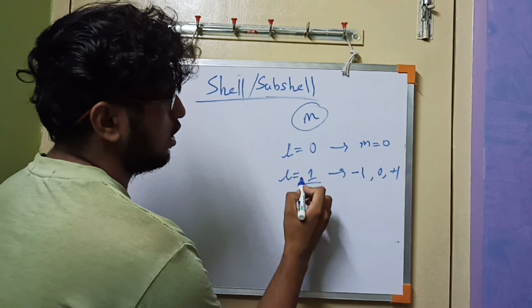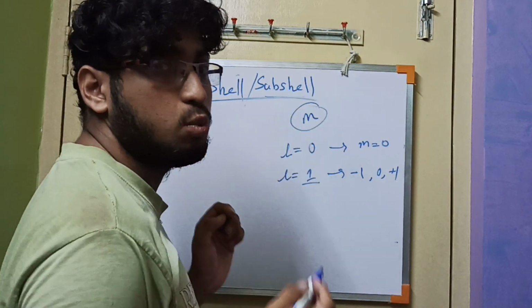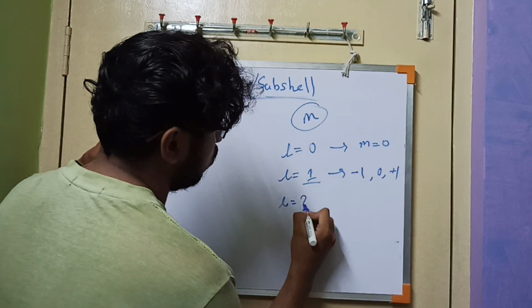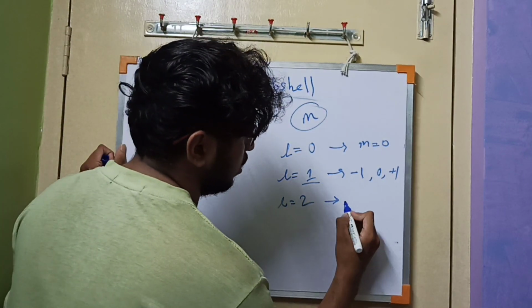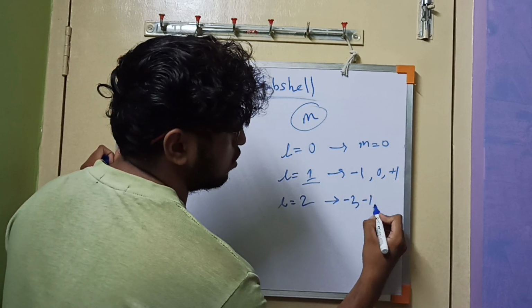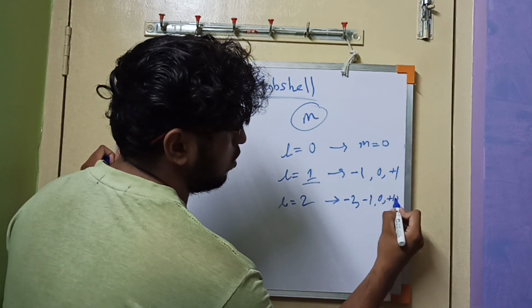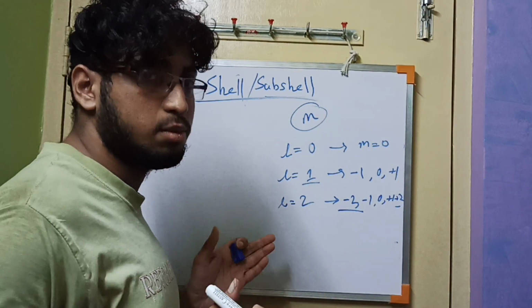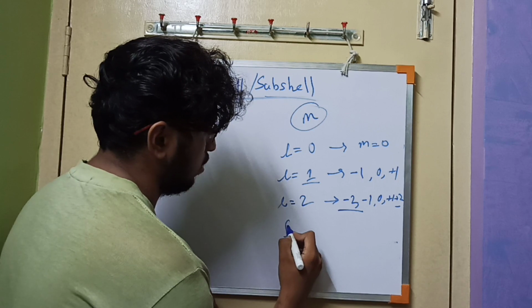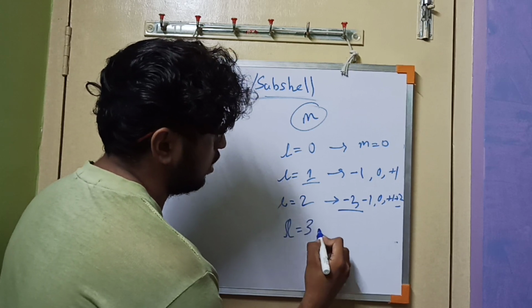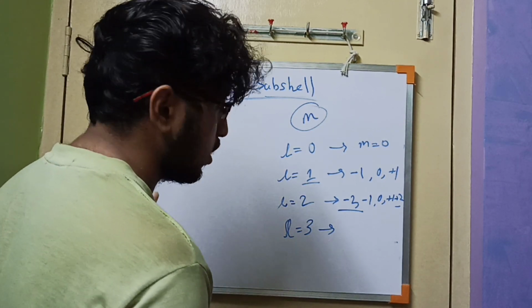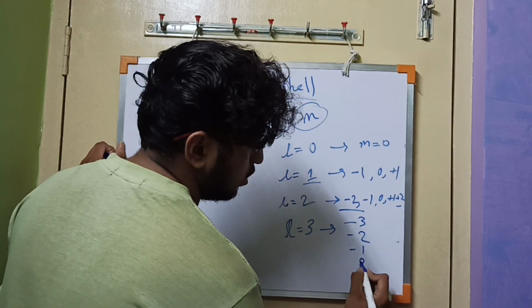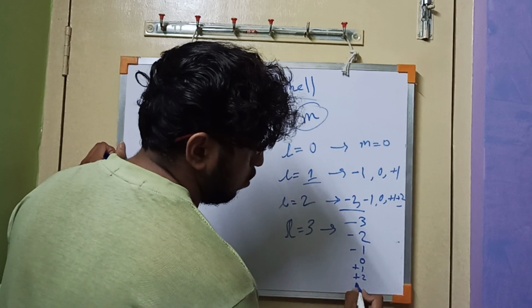For l equal to 2, the span is -2, -1, 0, +1, +2. For l equal to 3, that means the f orbital or f subshell, -3, -2, -1, 0, +1, +2, +3.